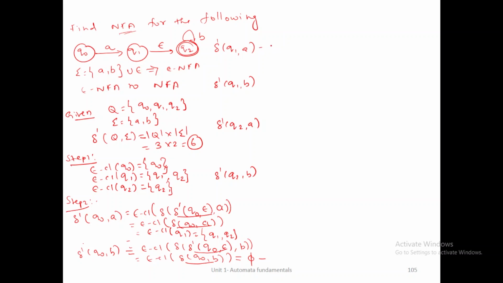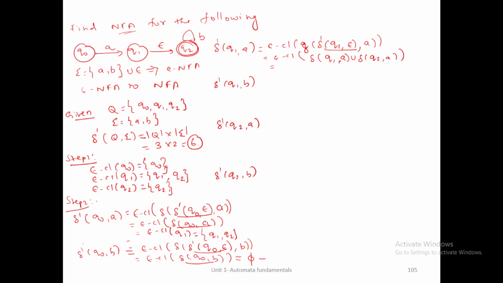Then Q1A: the formula is epsilon closure of tilde cap of Q1 with epsilon and the input symbol A. Epsilon closure of Q1 is Q1, Q2, so you write it here, Q1, Q2. Then you should calculate the Q1A value and also the Q2A value.